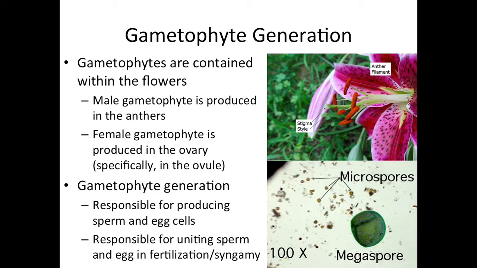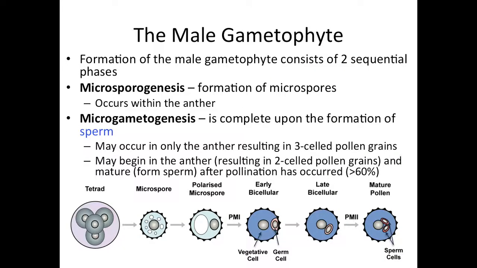The microgametophyte will produce the sperm, and the megagametophyte will produce the egg. And then once fertilization happens, the sperm and the egg come together in syngamy, or fertilization, and they result in a new diploid zygote, which then develops into the embryo, which then develops into the seedling and the new plant body, the new sporophyte plant body.